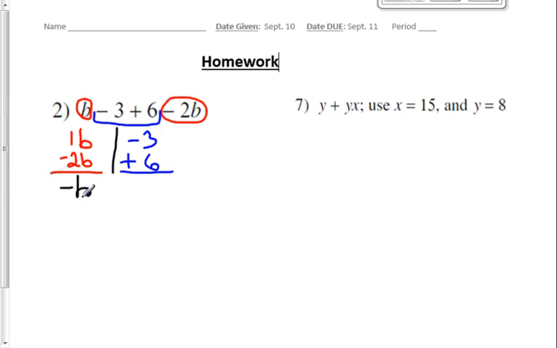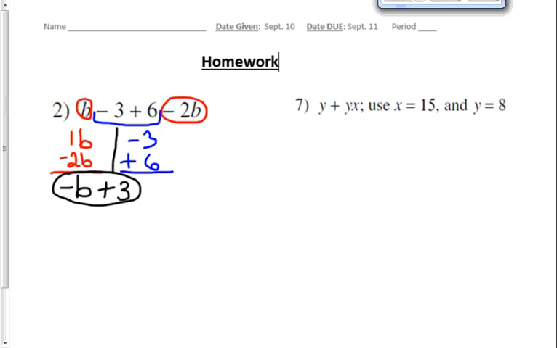So negative b. And negative 3 and positive 6, since they're opposites, they're going to cancel each other out. You really subtract. You have more positives, so it's going to be positive 3. So my final answer for number 2 is going to be negative b plus 3.